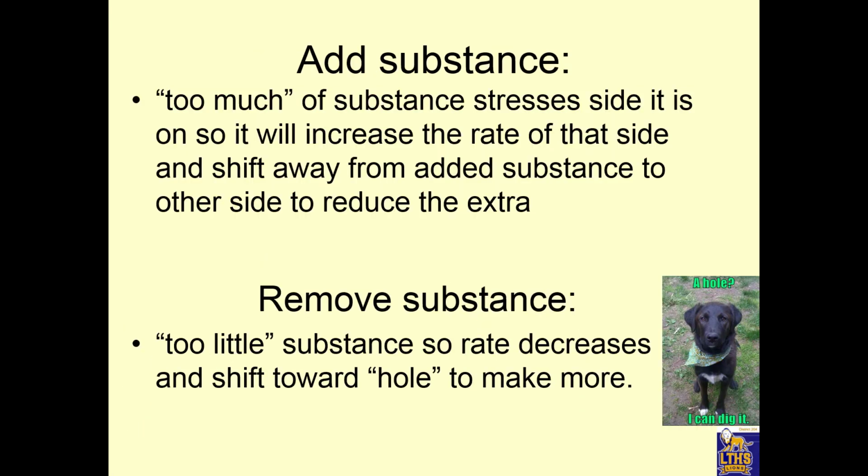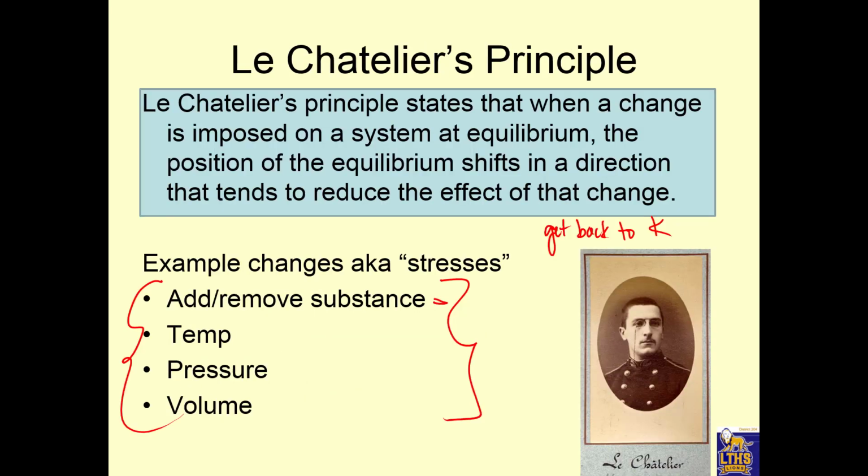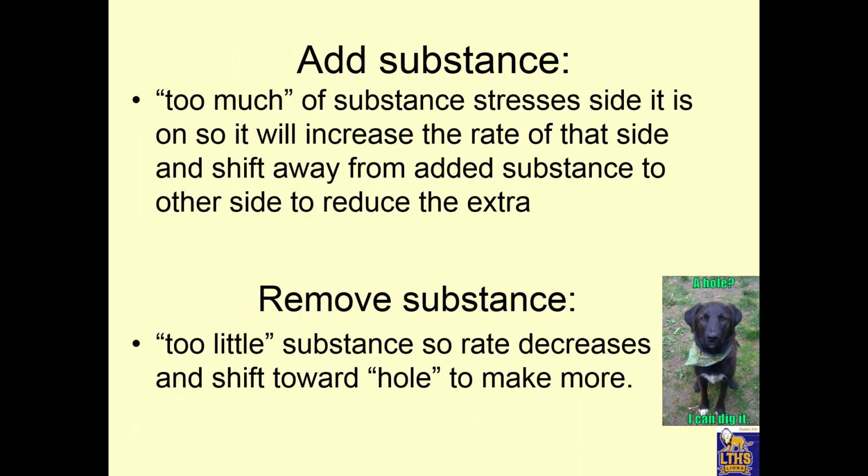Adding a substance. That's one of the ways, like adding or removing a substance. If you add something that's already in the equilibrium system, you're going to stress out the side that the substance you added is on. So you're going to increase the rate of that side of the reaction, and so the equilibrium will shift away from what you add to get back to K. K is a constant, so to get back to K, it would have to shift so that it could keep that ratio of products over reactants constant.